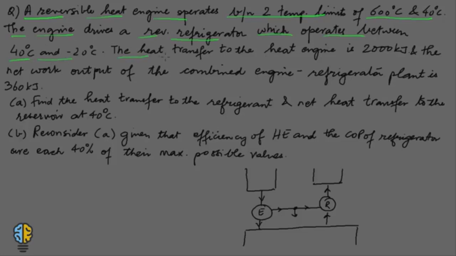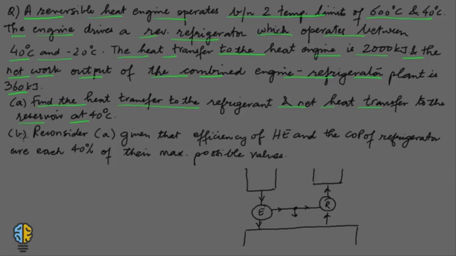The heat transfer to the heat engine is 2000 kilojoules and the net work output of the combined engine refrigerator plant is 360 kilojoules. We need to find, in the first part, the heat transfer to the refrigerant and the net heat transfer to the reservoir at 40 degrees Celsius.